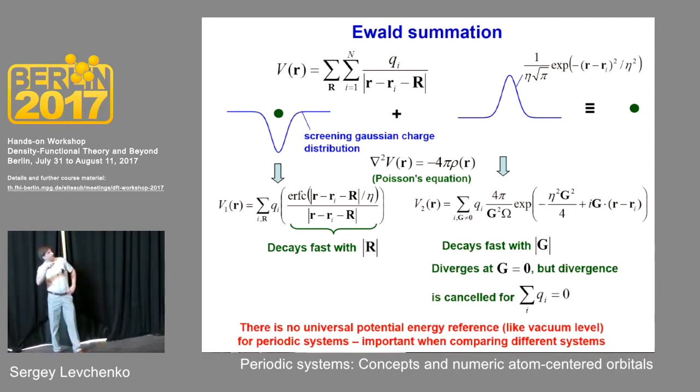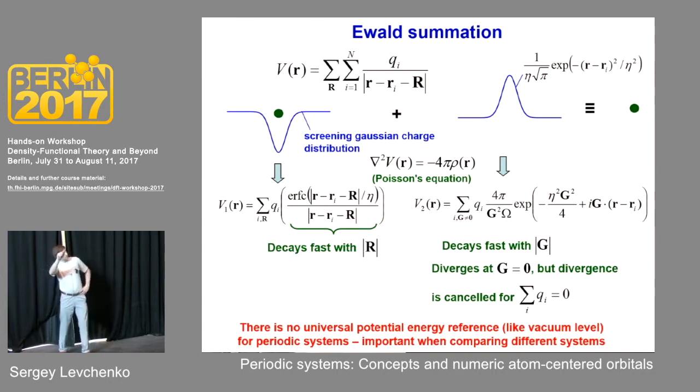What we can do is screen this charge with a Gaussian charge distribution. But then we add another charge distribution with the same Gaussian but opposite sign. So if we now calculate the potential from this part, it will be very localized in space. But this other part, of course, we still have to deal with.